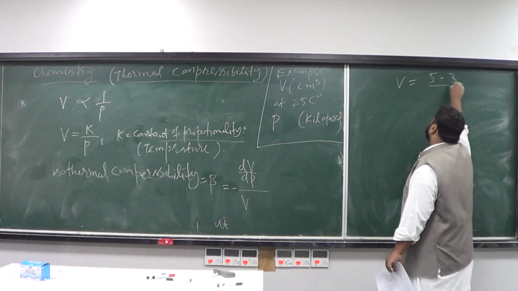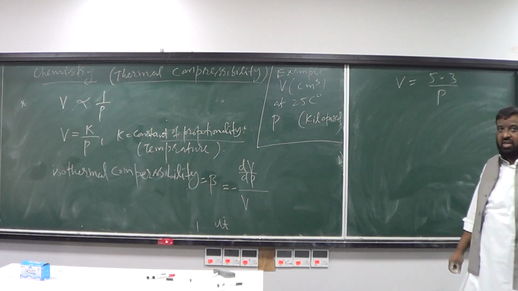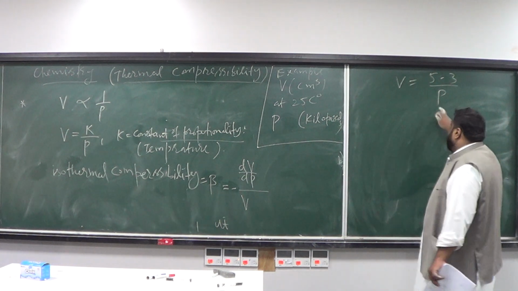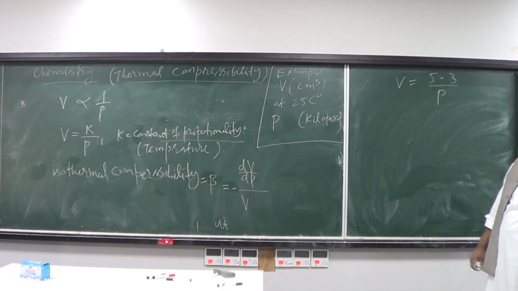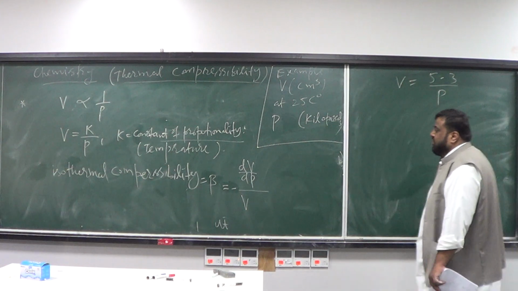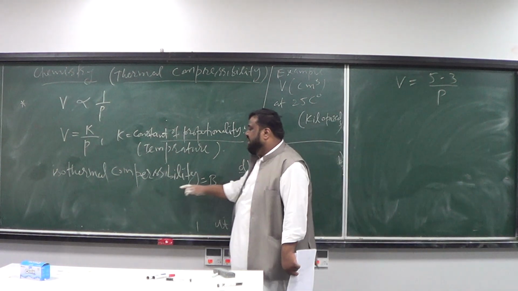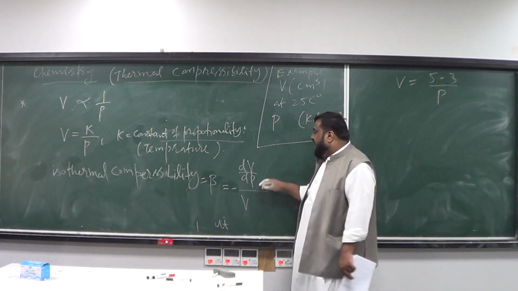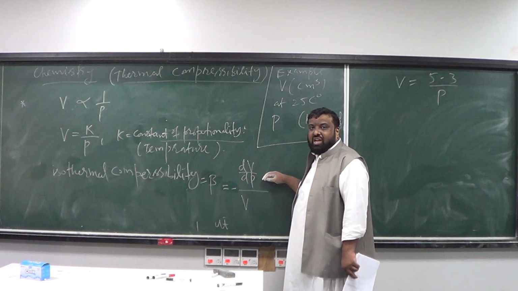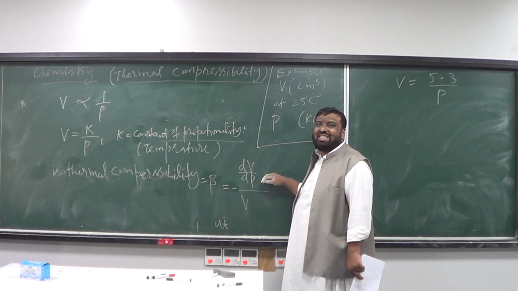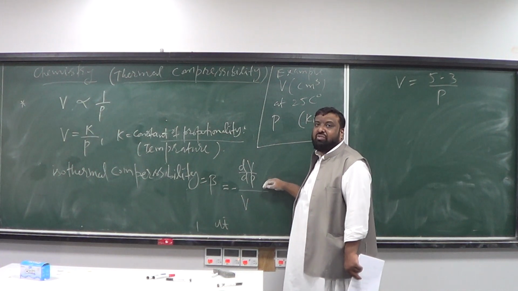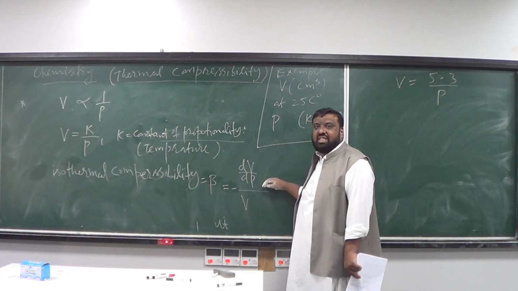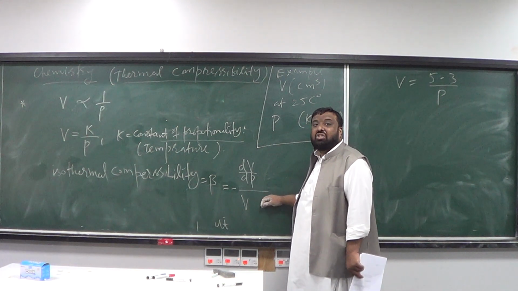The 5.3 is the constant of proportionality. So the volume of the air is related with the pressure by this equation. And what I want to do is compute the isothermal compressibility. In other words, I want to know how fast the volume of the substance is decreasing compared to the original volume of the substance.